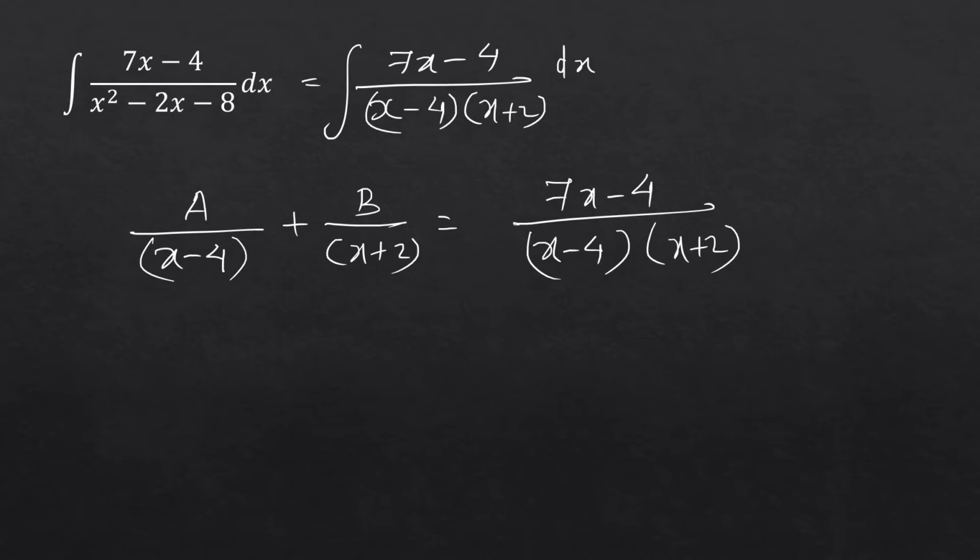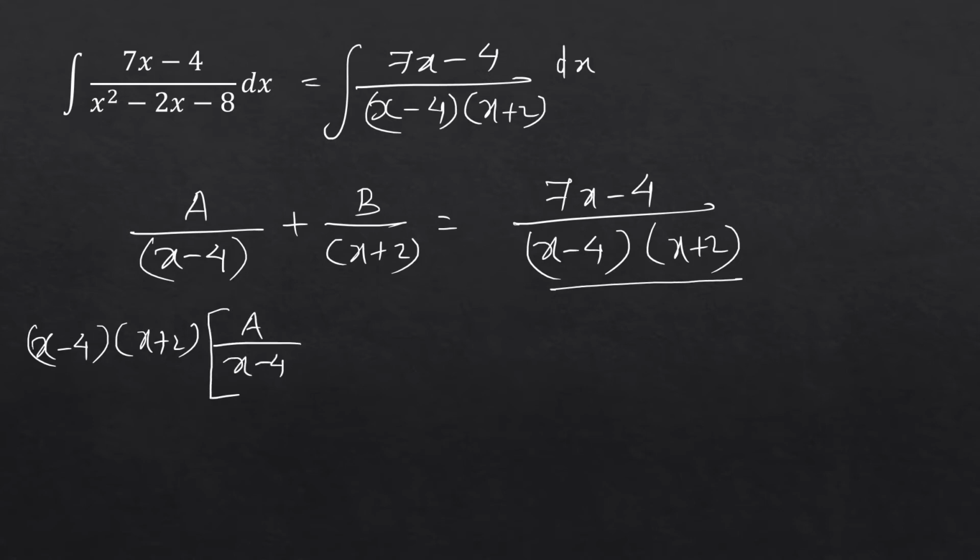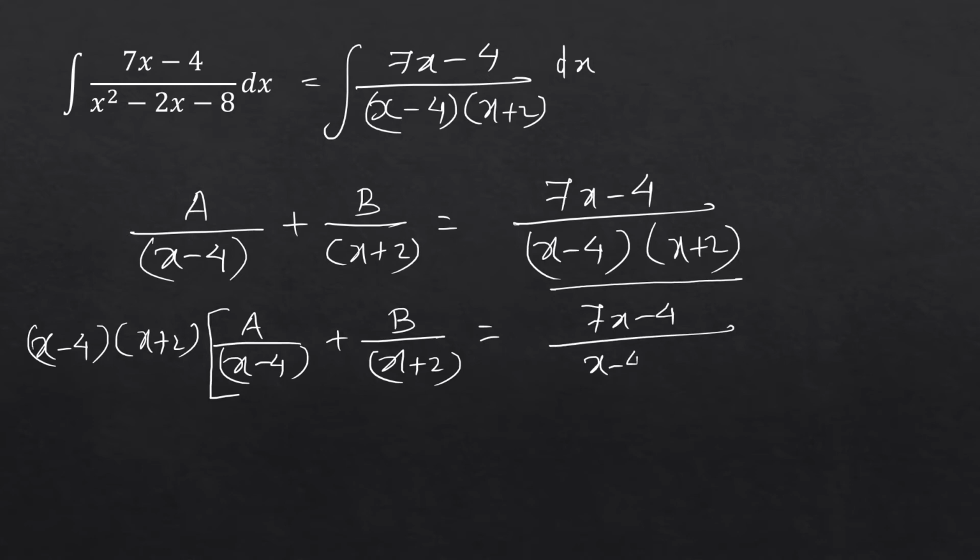So next what we are going to do, let's multiply both the sides by x minus 4 times x plus 2. So if I multiply both the sides by x minus 4 times x plus 2, a over x minus 4 plus b over x plus 2 is equal to 7x minus 4 upon x minus 4 times x plus 2.